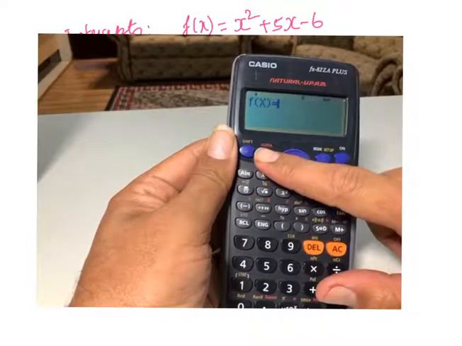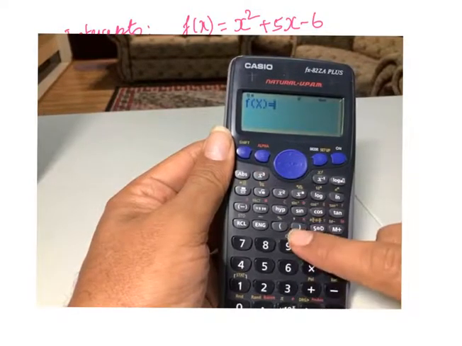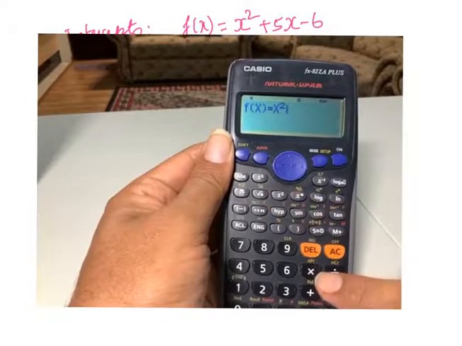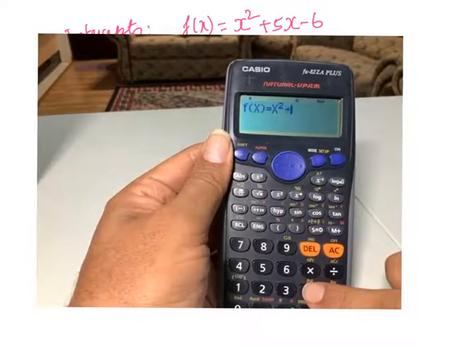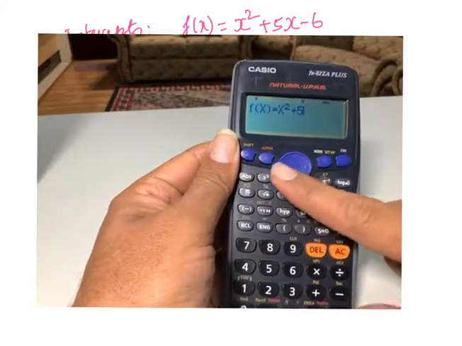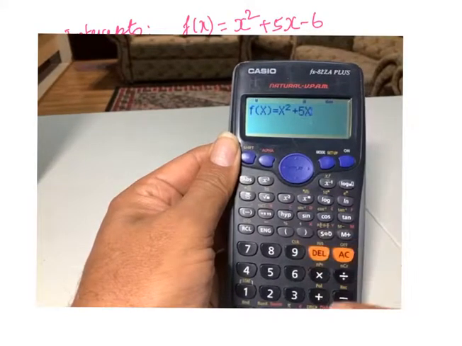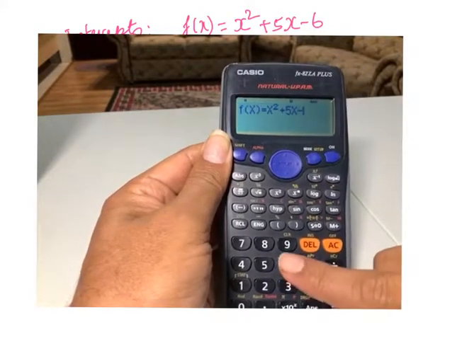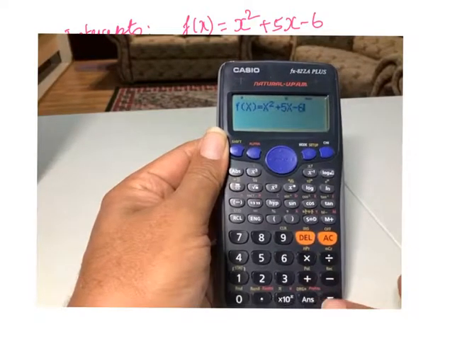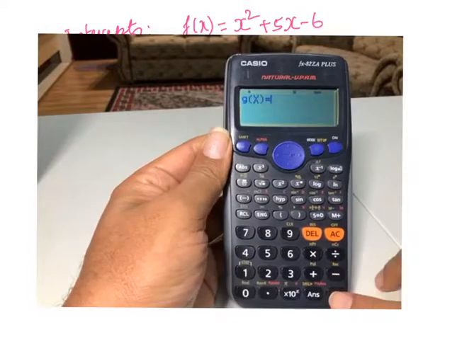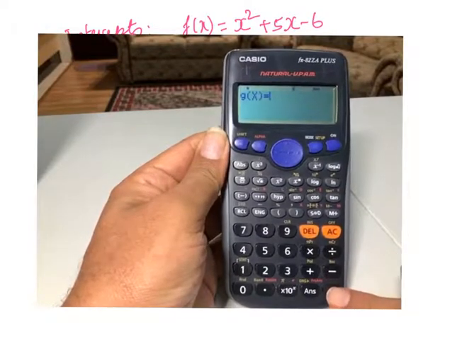So here my case is x squared plus 5x minus 6, then equals. So this is my equation here, and a g of x.